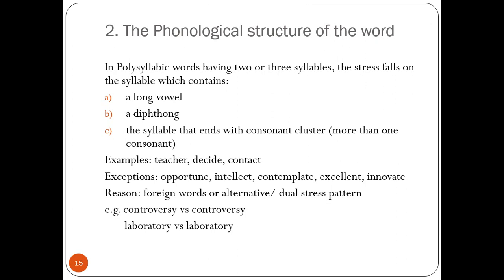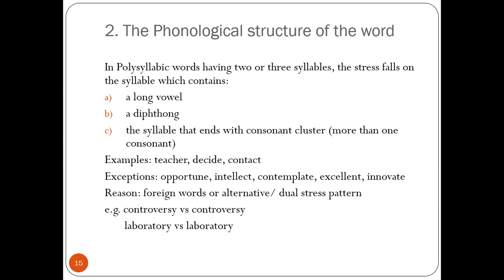Phonologically, we can analyze the structure of a word by looking at the structure of the syllables: how many syllables are there, and what kind of vowels are there. If a syllable has a long vowel, or a diphthong, or ends with a consonant cluster, then we are supposed to stress it.